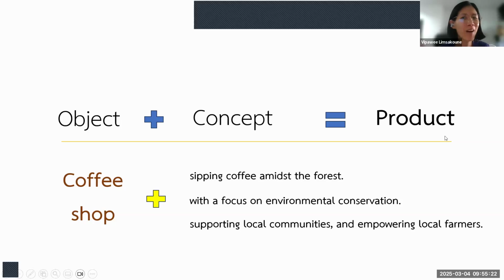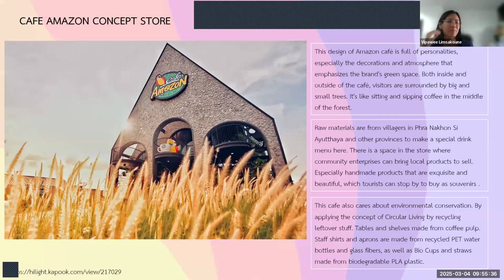Any idea about the product? I think some of you might already have the product in your mind. It is Cafe Amazon. In Thailand, we have this brand of cafe, and I have seen one near Thonburi, I don't remember exactly. But this one is in Ayutthaya.